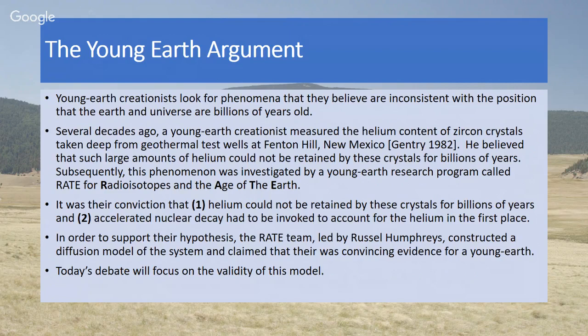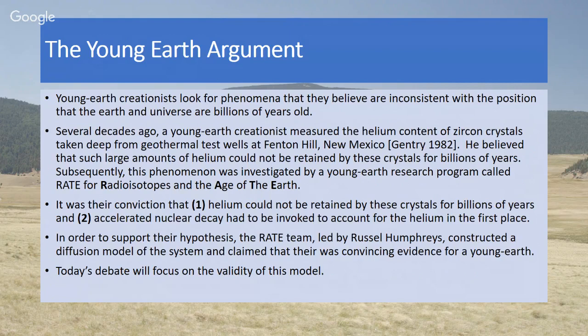Their underlying belief was that if nuclear decay rates were accelerated at any time in the past, you could have a large amount of decay products in a short period of time. So that was really underlying this whole program. Regarding the helium diffusion, the basic points were that they did not believe that helium could be retained by these crystals for billions of years. The problem, though, is if you believe in just 6,000 years, there wouldn't be any helium there in the first place.